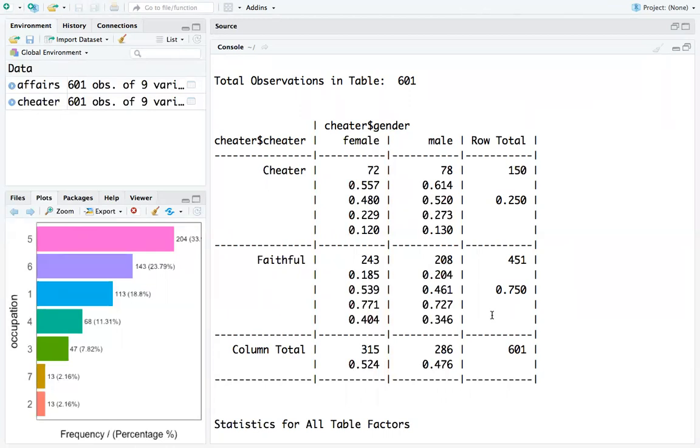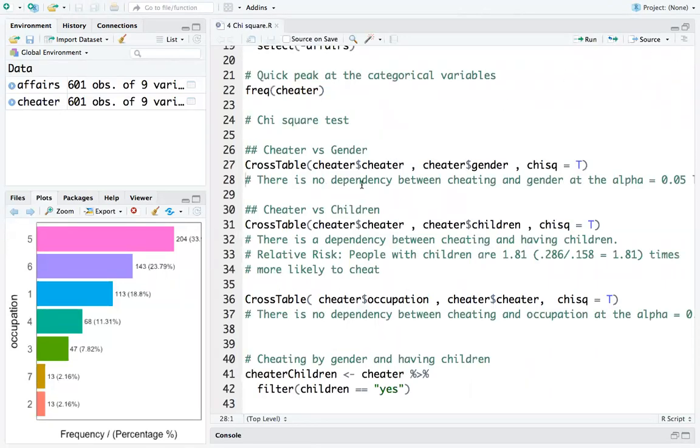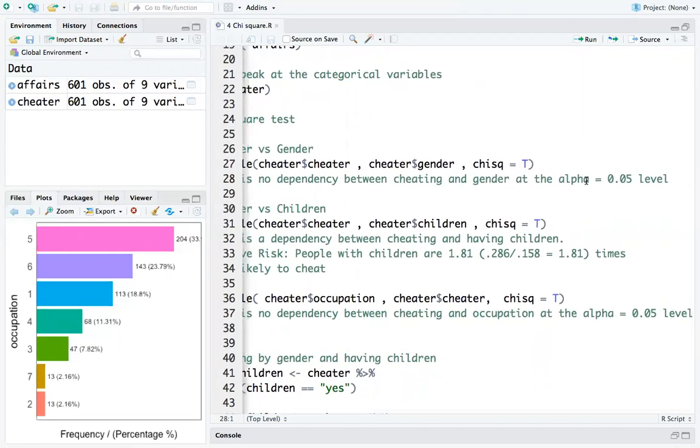Now, if I go to my code, you're going to see my explanation for this test. There is no dependency between cheating and gender at the alpha 0.05 level.